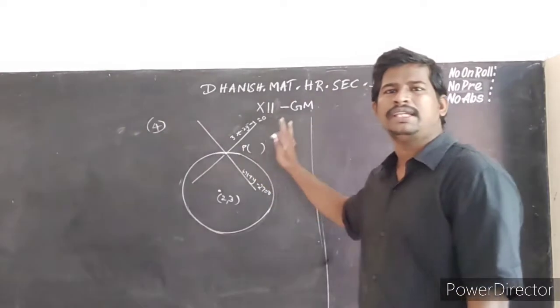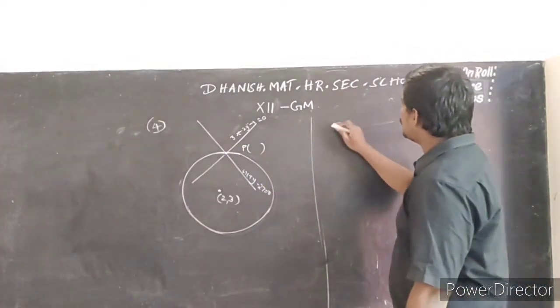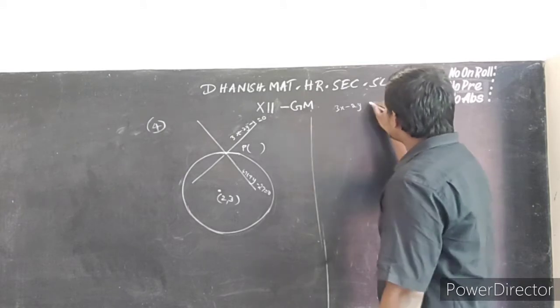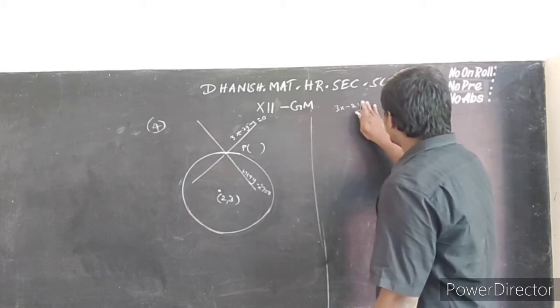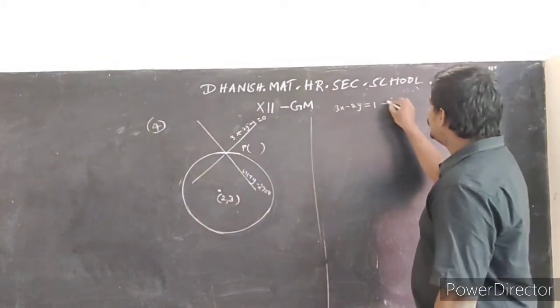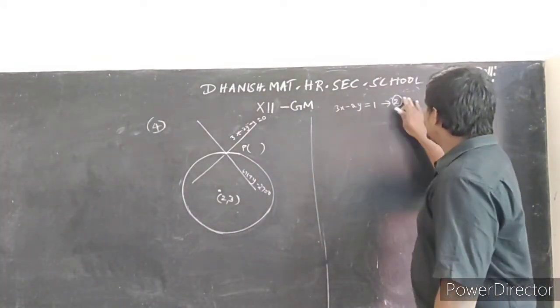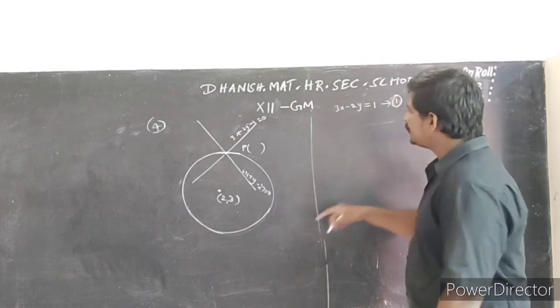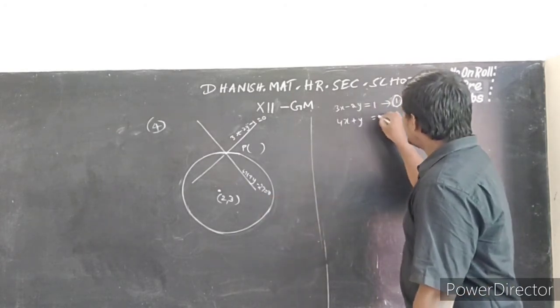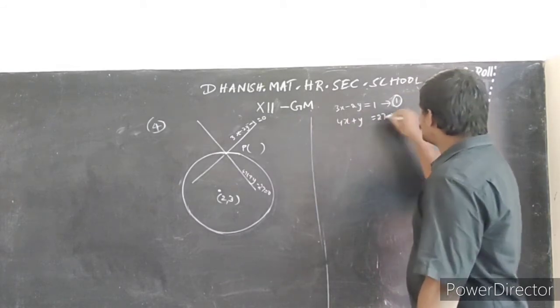Our equation 3x minus 2y equal to 1 is equation 1. The second equation, 4x plus y equal to 27, is equation number 2.